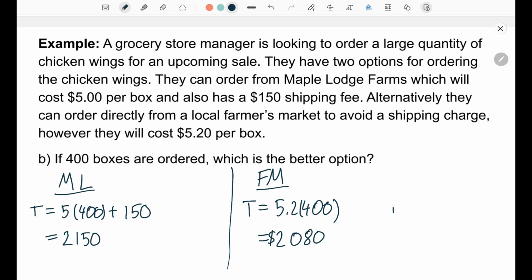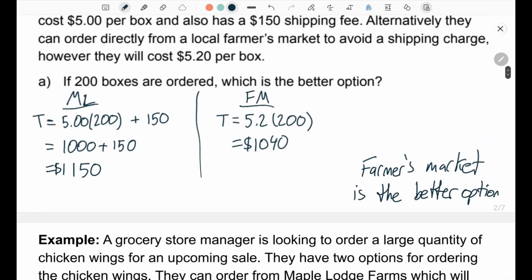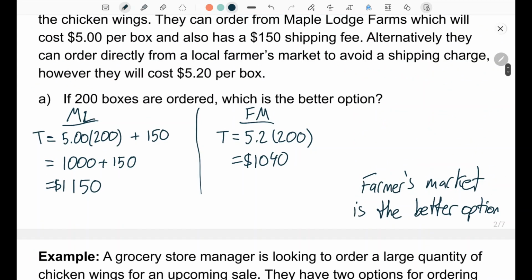All right, so farmer's market is still better. But what you might notice is it's closer in price now to Maple Lodge. There's a $70 difference, whereas if we look back at part A, there was a $110 difference.